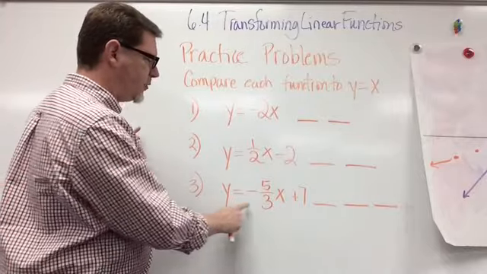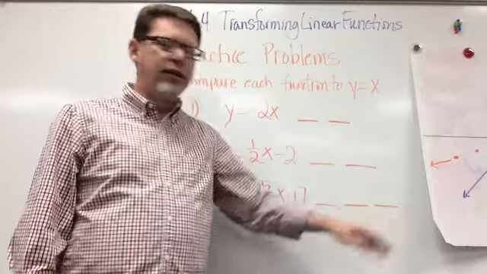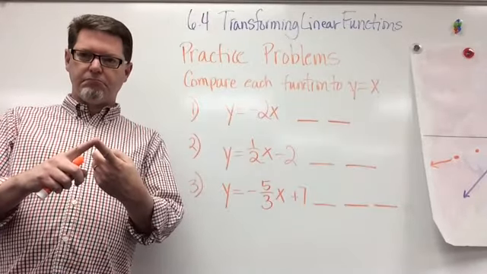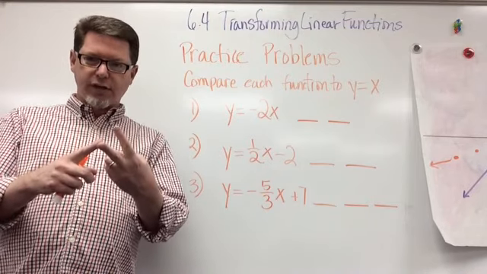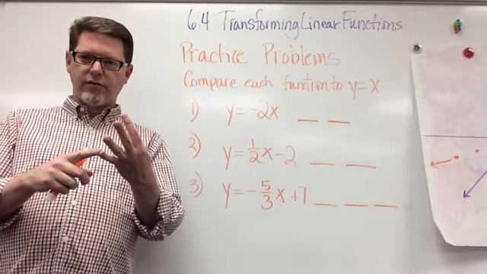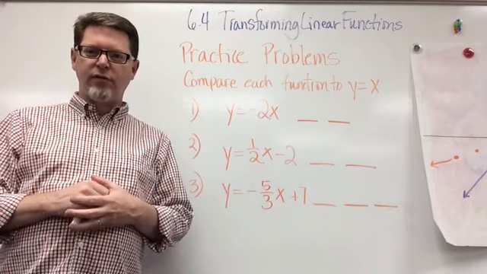And for number 3, y equals negative 5/3 x plus 7, there are three things that need to be written down. Your options are translation, reflection, shrink, and stretch. Fill in the correct blanks, take a picture, submit it through Edmodo, and we're good to go.